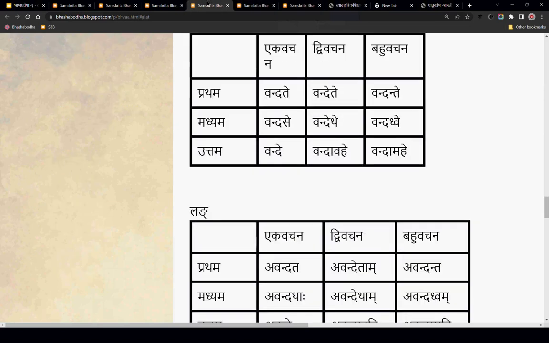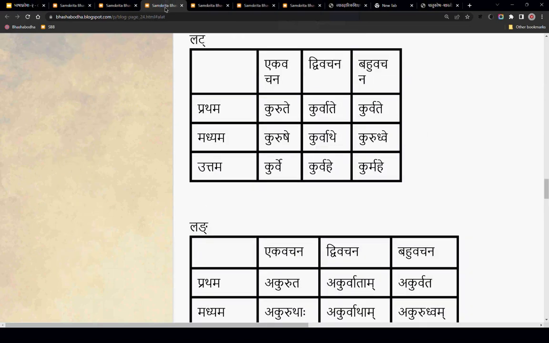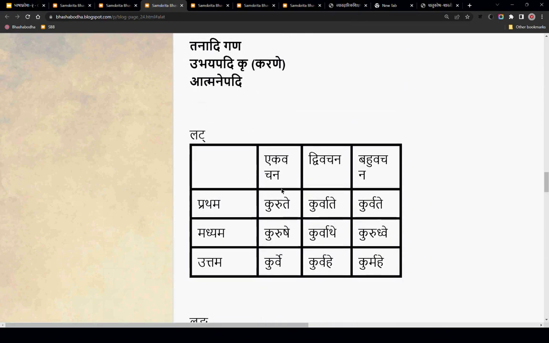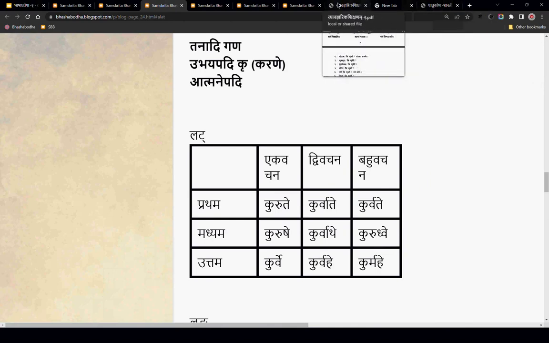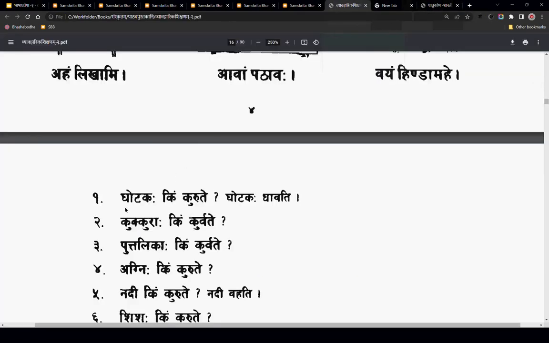Kurute, here you see, this is the atmanepadi form. So this actually means ghotakaha kim karoti only. Karoti like that, kurute. Ghotaka means horse.